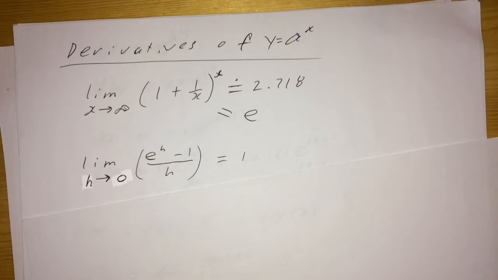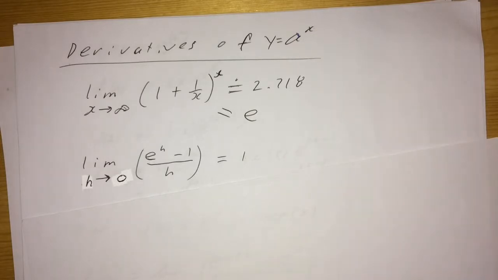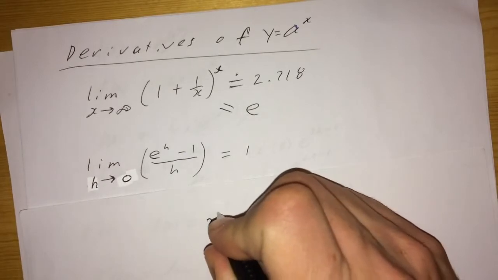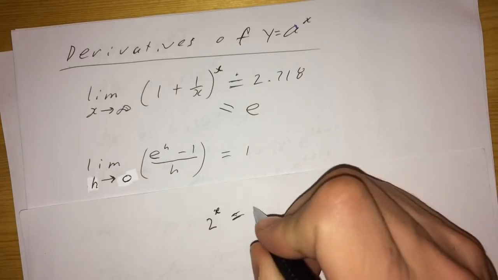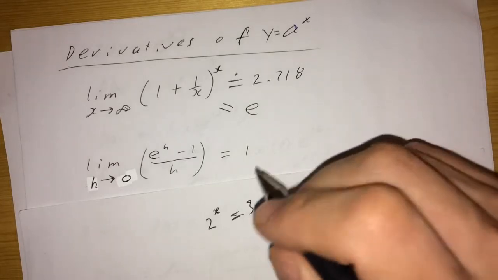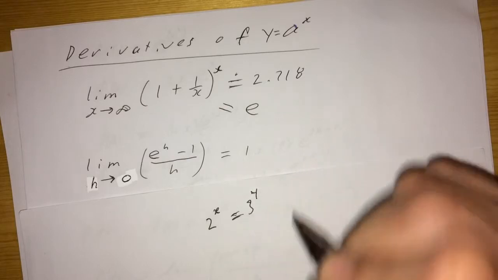Any exponential function, so y equals a to the x, if that's 2 to the x or 3 to the x or whatever, you can write it with any other base. For example, 2 to the x equals 3 to the, say, y.